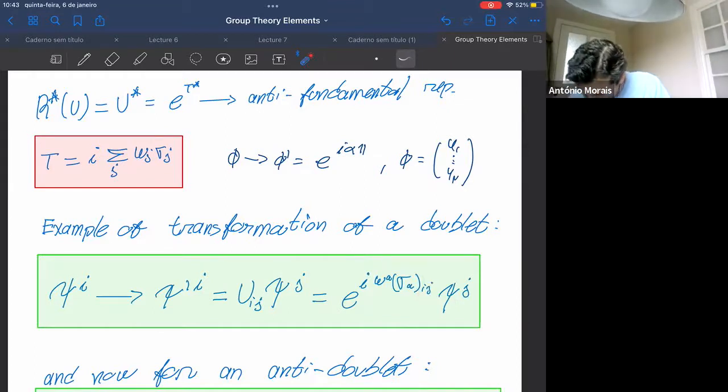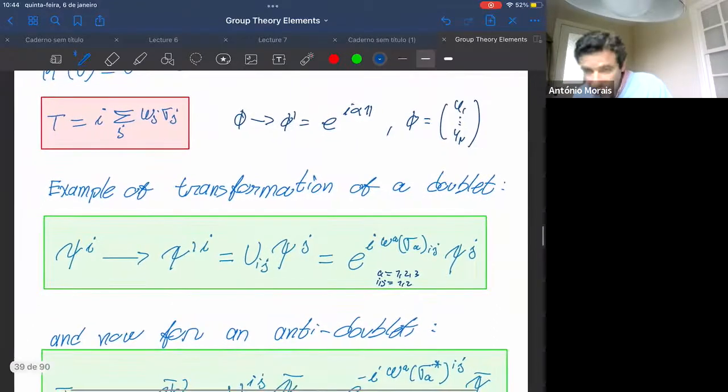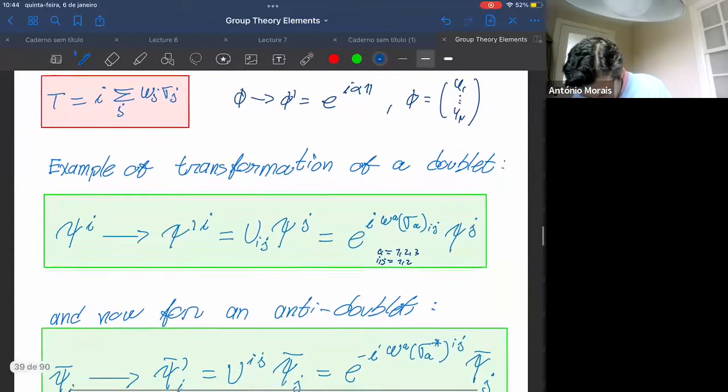You see you have three Pauli matrices, so this omega_A runs from 1 to 3, and i, j equal 1, 2 only because it's a doublet, while A identifies the generator, and we have 3 generators, with the dimension of the adjoint representation.